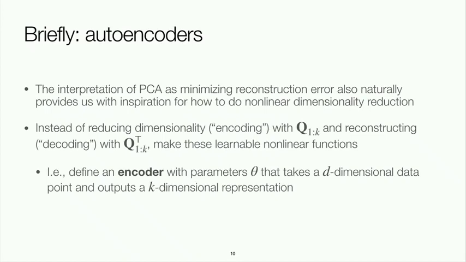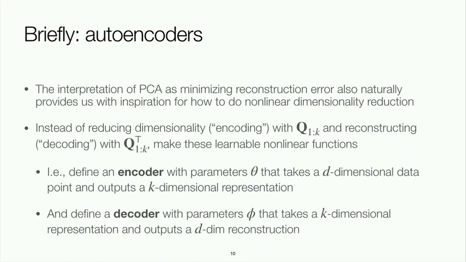We're going to give it some parameters that we're going to optimize. We're going to call those parameters theta like we normally do. It takes in a d-dimensional data point, and it outputs a k-dimensional representation. This is what Q1 through K was doing before. Now we've just made it some other arbitrary function that doesn't necessarily have to be linear and has its own parameters theta that we can do optimization on.